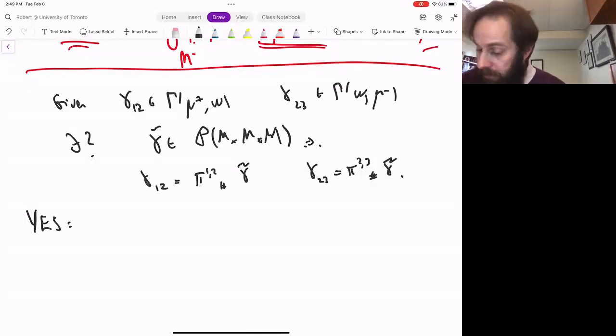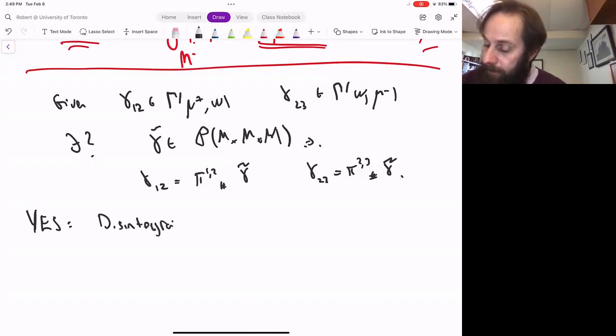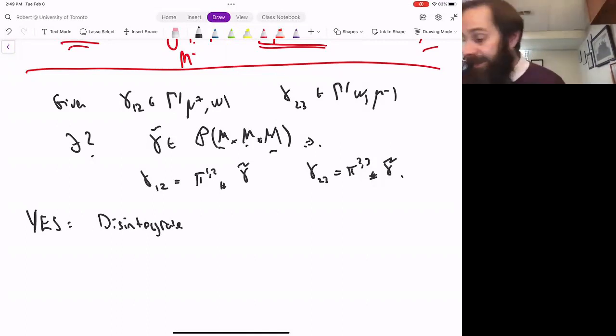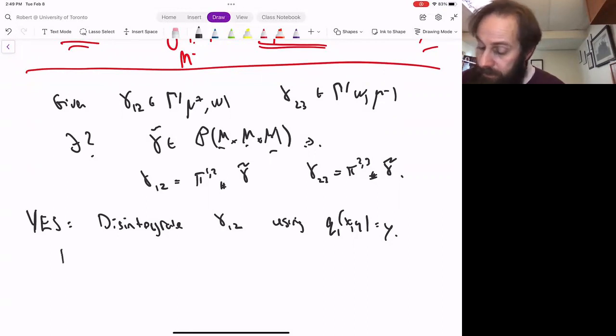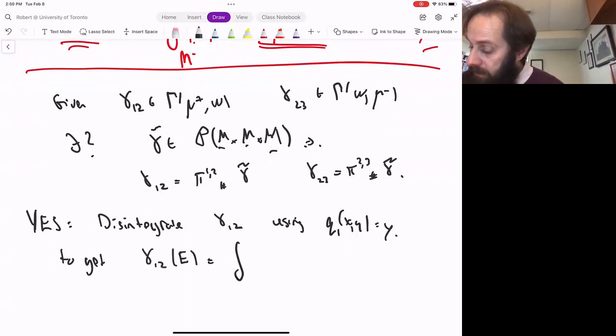Let's disintegrate. M is a Polish space, so in particular Radon in all three cases. So disintegrate gamma 1,2 using Q1 of (x,y) equals y, to get gamma 1,2 of E is an integral.